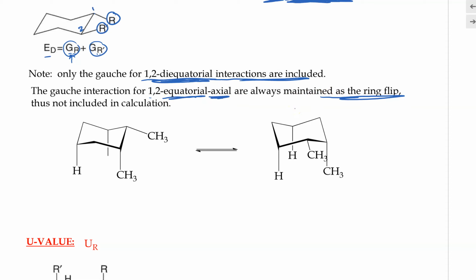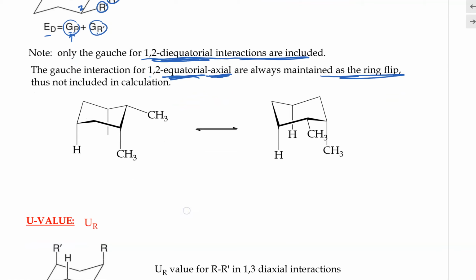That would happen when we have two groups where one is equatorial and the other one is axial. For example, in this case we have two methyl groups, 1 and 2 carbon away. This one is equatorial, and this one is axial. So they do have that gauche interaction. Yes, they do have it, but let's see what happens.